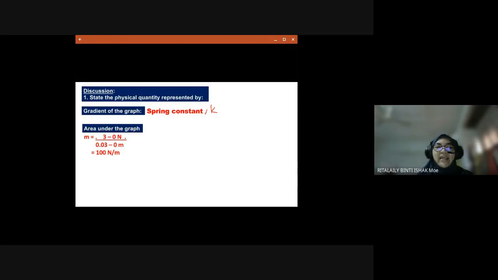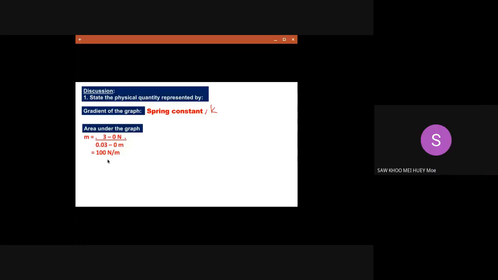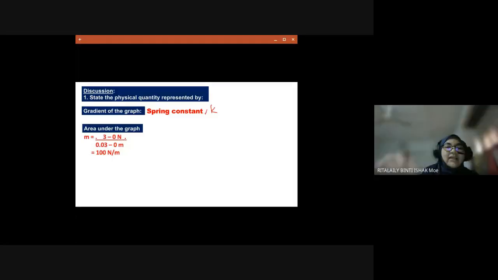Okay, and as for area under the graph, what is the physical quantity for area under the graph? Elastic potential energy. Okay, so area under the graph, we are calculating elastic potential energy. So these are the two quantity that is being represented by gradient and also area under the graph.